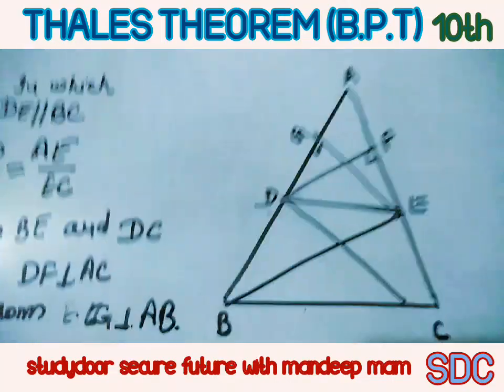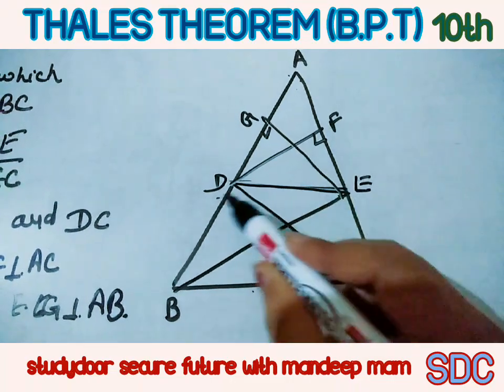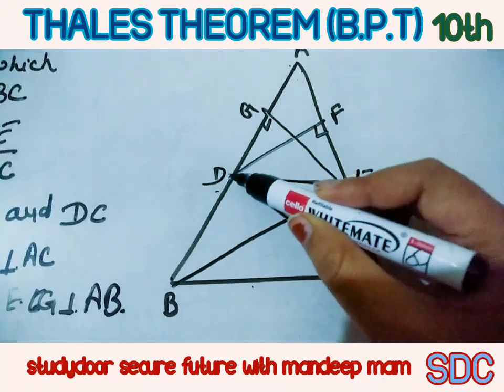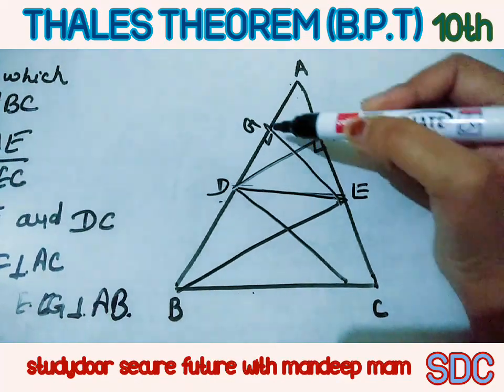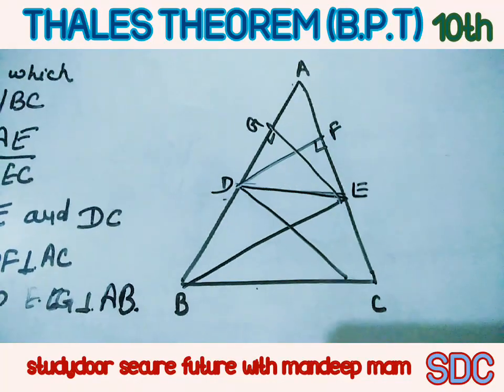It is our construction. Our construction was join BE and DC. After that, perpendicular DF from D to AC and EG to AB.